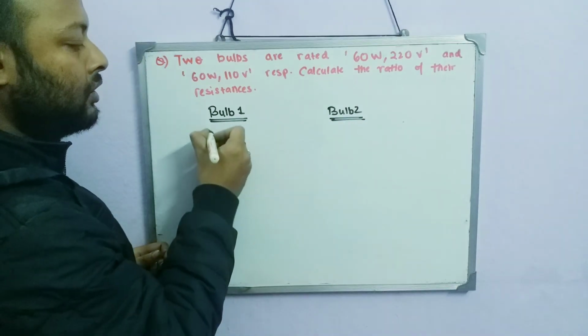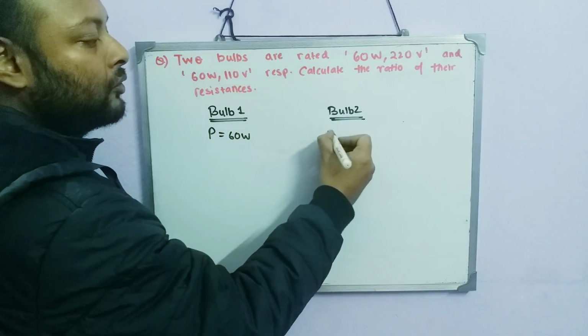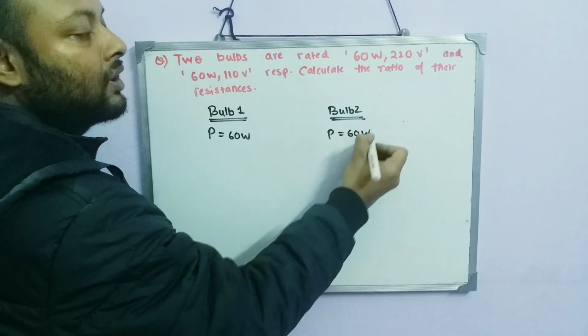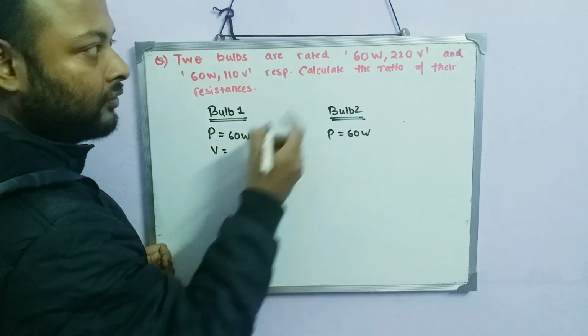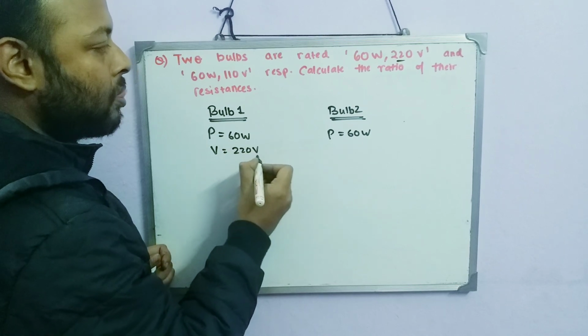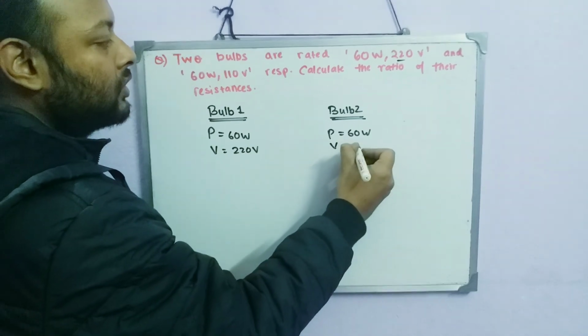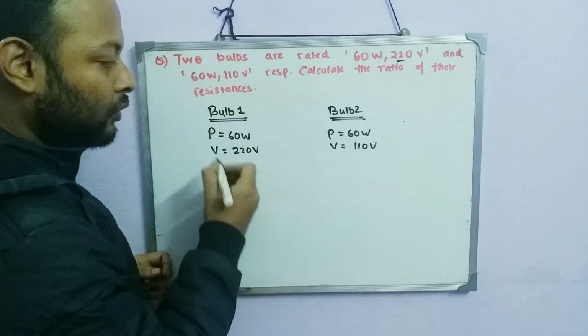For bulb 1, power is given 60 watt, and for bulb 2, power is also given as 60 watt. The potential V for the first bulb is given as 220 volt, and for the second bulb, V is given as 110 volt.